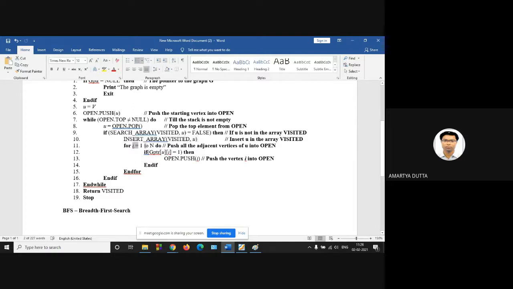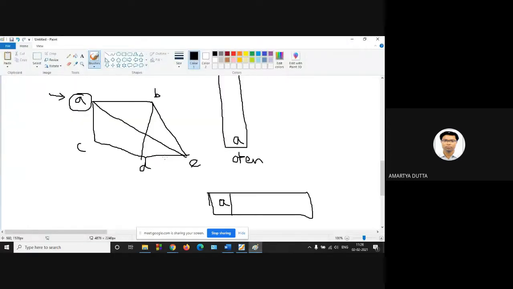Next, line number 11. For I is equal to 1 to n, if your GPTR U comma I is 1, then push that particular I. So find out the adjacencies of A. Write down the adjacencies of A. What are the adjacencies of A?